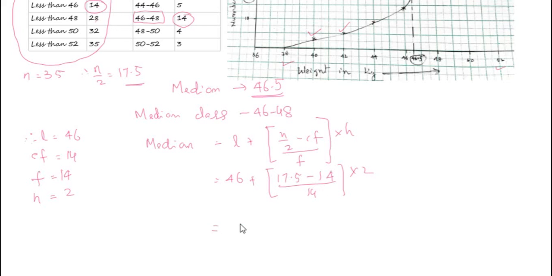That equals 46 plus 17.5 minus 14, 3.5, into 2, 7. 7 divided by 14 is half. So 46 plus half, that is 46.5. This is the same as what we got from the graph.